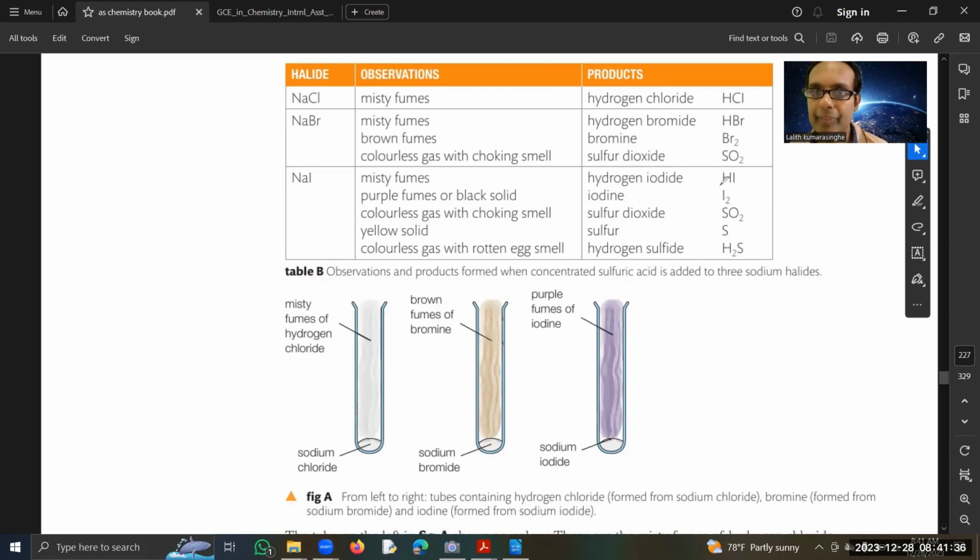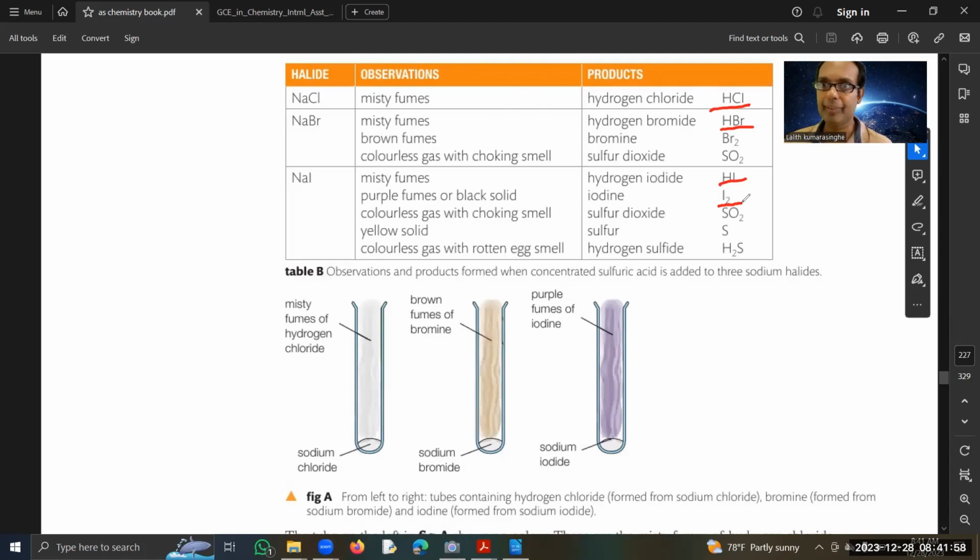These are hydrogen iodide, hydrogen chloride, and hydrogen bromide. They are misty fumes. They are colorless gases because chloride, bromide, iodide are colorless. But iodine is a solid at room temperature, but it can undergo sublimation. It can produce purple vapor, purple fumes. Purple vapor, but don't say purple gas.